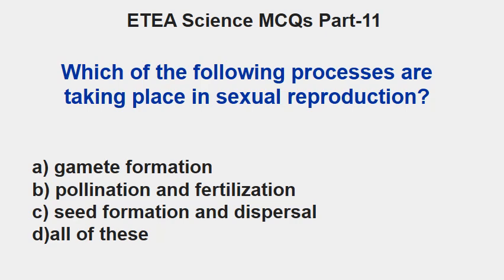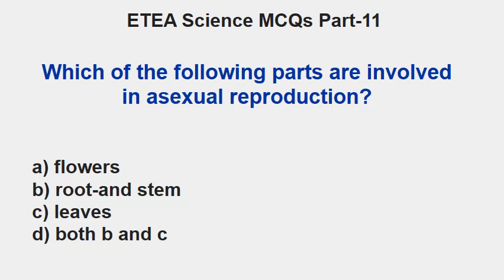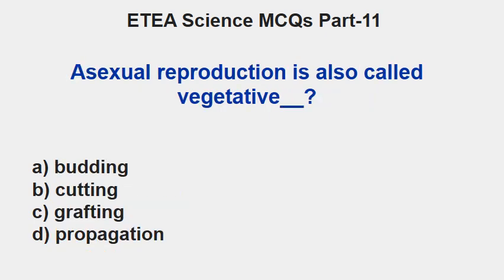Which of the following processes are taking place in sexual reproduction? Which of the following parts are involved in asexual reproduction? Asexual reproduction is also called vegetative.